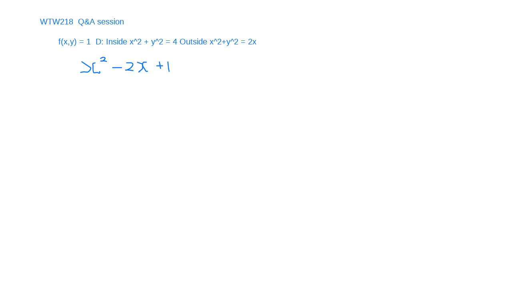You take half of the coefficient of x and you square it. So from that second equation, if you factorize this expression here, you're going to get x minus 1 squared plus y squared is equal to 1.